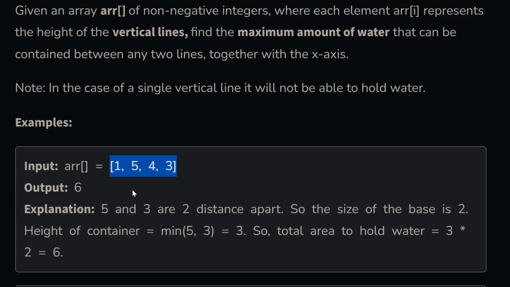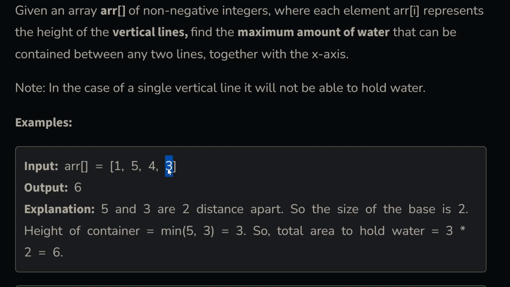Suppose we have an array with first height 1, then height 5, height 4 and height 3. Between this and this, how much water can we store? The minimum height is 1, so we can store height 1, and the width will be 1, 2, 3.